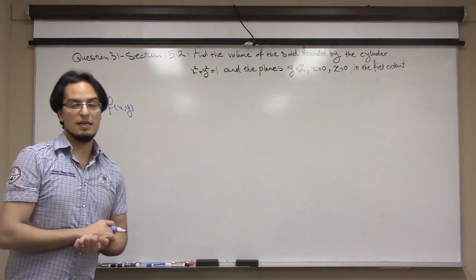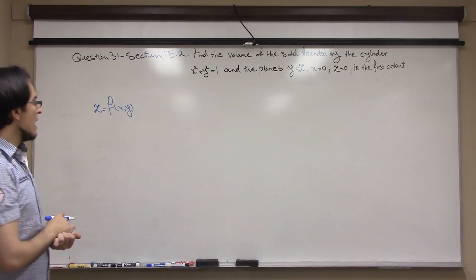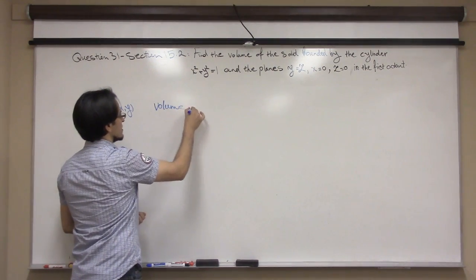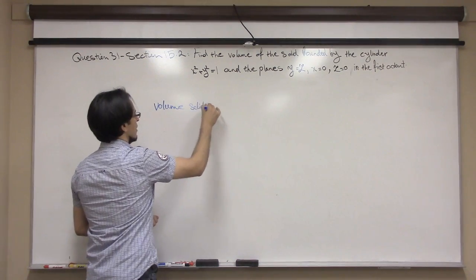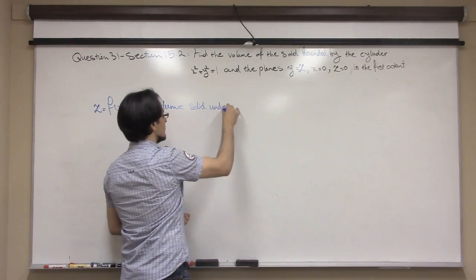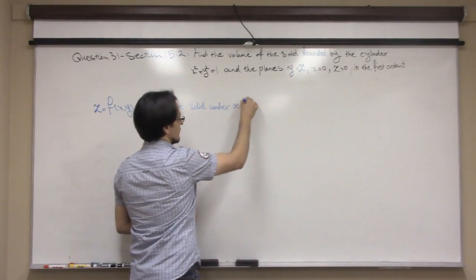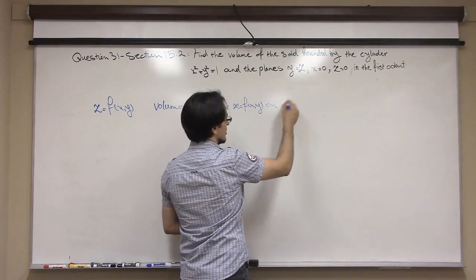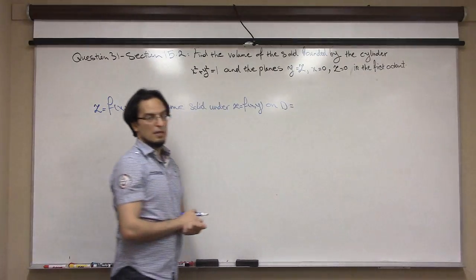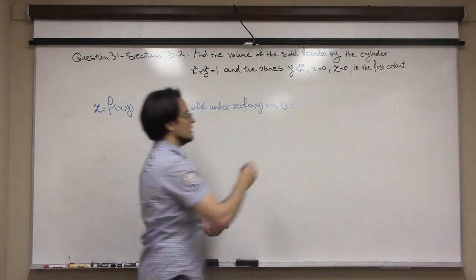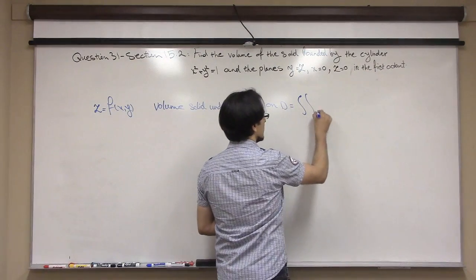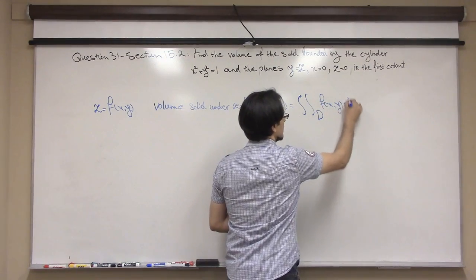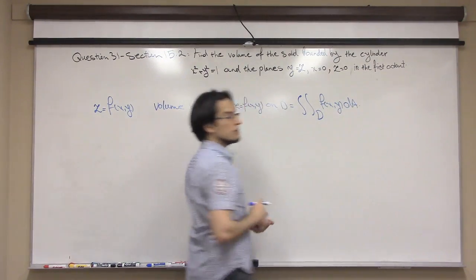In general, if you have a surface given by a function f of x, y, and you're trying to find the volume of the solid under the graph of this function on the region D, what you need to do is form this double integral with f as its integrand, and then evaluate.